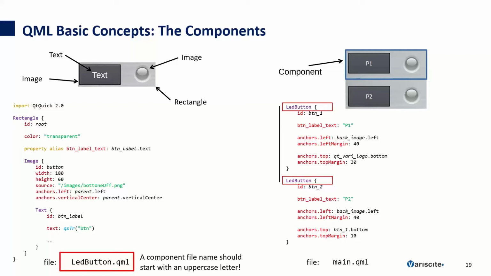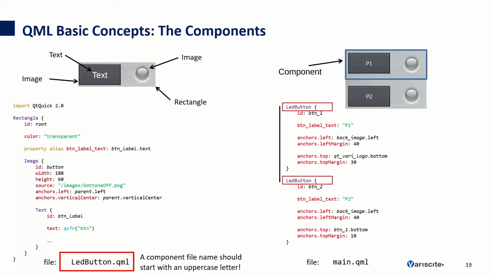One of the demos that we presented last time was the QML GPIO. In that demo, we showed a LED button QML that is a component, I mean a specific file describing a rectangle with an image, some text, and so on.